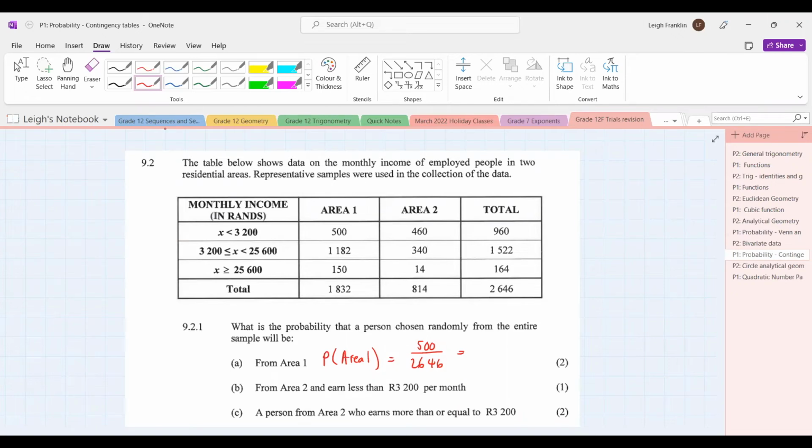Wouldn't it be the total of people from area 1? Oh, sorry, it would be the total from people. Of course it would. Sorry, you're quite right. Thank you. It would be this number over here, 1832, the total number of people from area number 1.